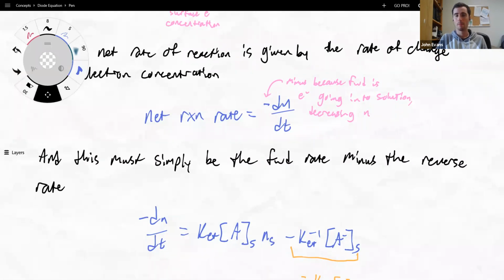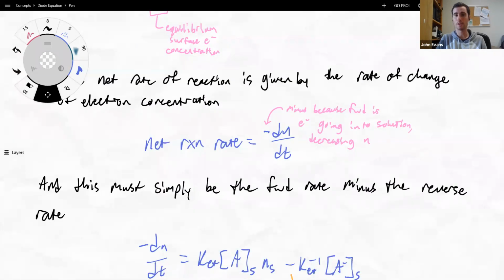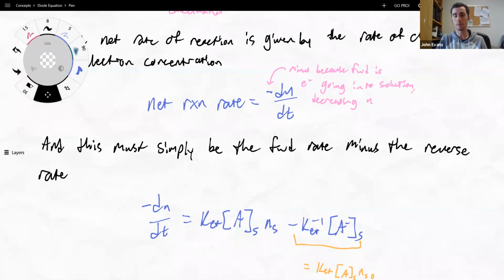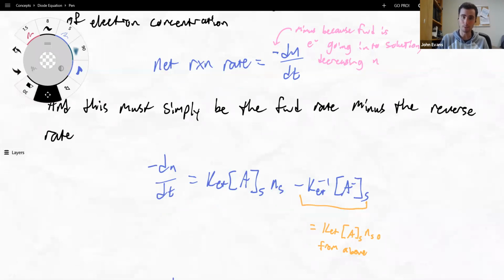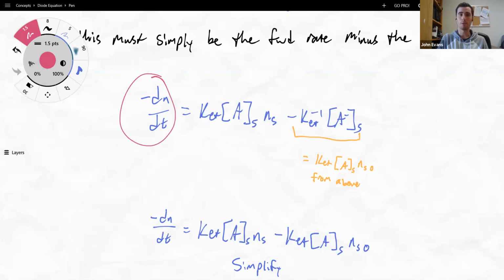And because this is a pretty simple reaction here, the rate is going to be the forward rate minus the reverse rate, right? So we are going to take our new expression for the reaction rate. We are going to set it equal to our forward reaction rate minus our reverse reaction rate.